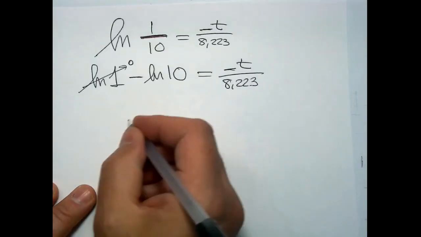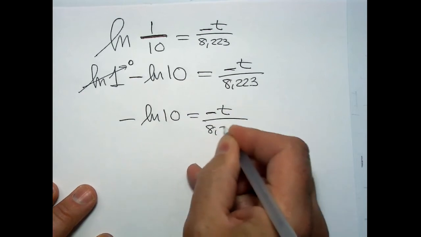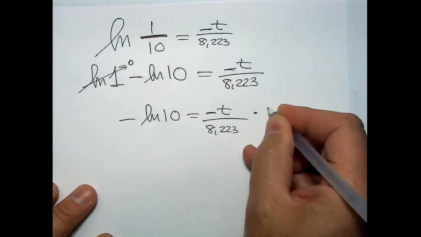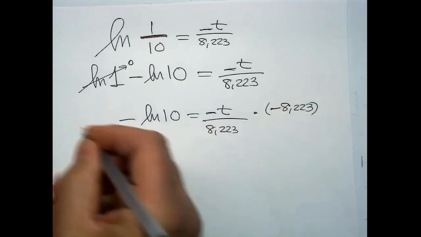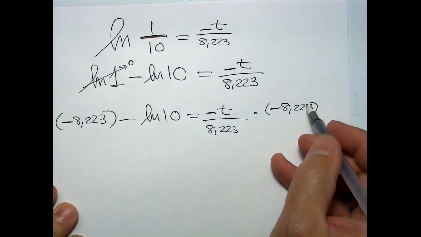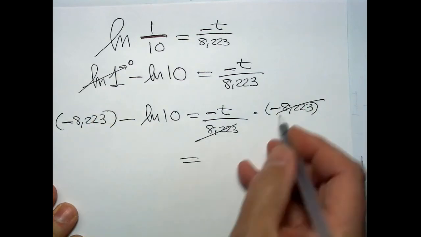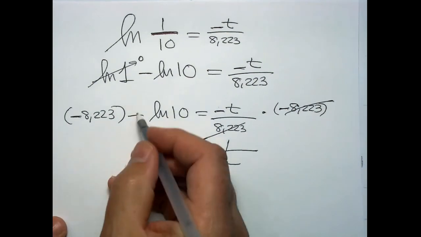And here's what we're finally left with. Now, if you multiply both sides by, well, how about minus 8,223? Here's what I get. Cancel with that. Negative, negative is a positive, and we just found out how old this thing is.